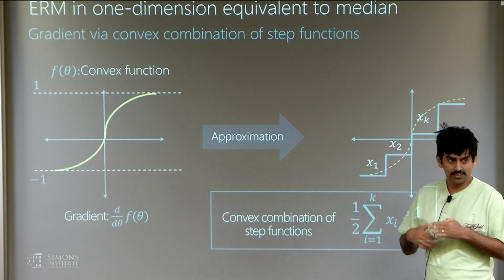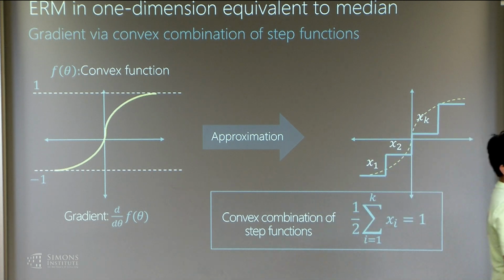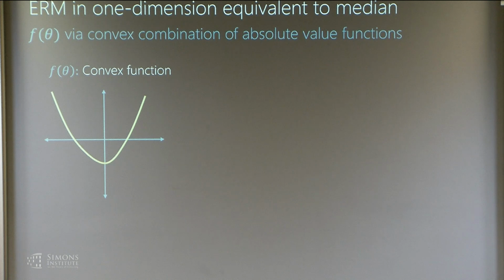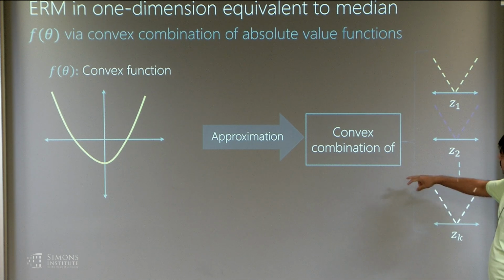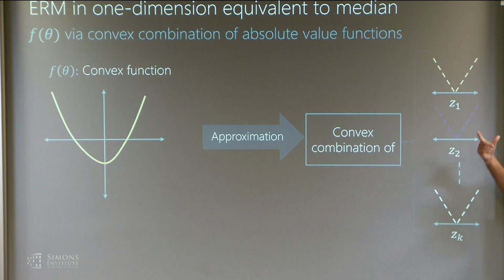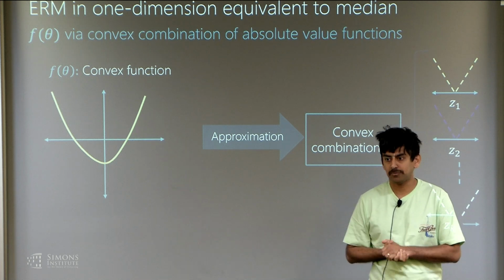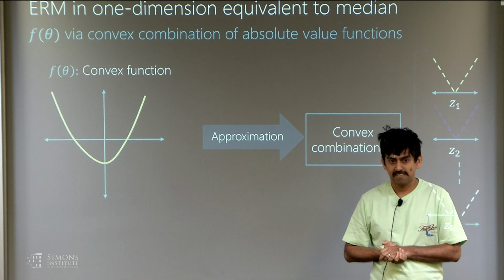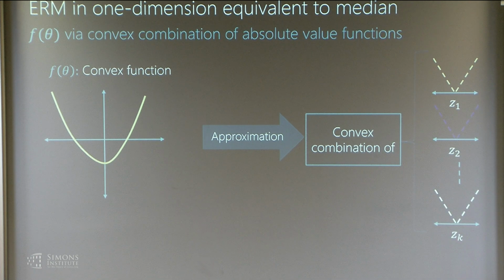Now you should start getting a sense of how this translates to a median. I will take my convex loss function on the data sample and approximate it with a convex combination of a bunch of absolute value functions, because the derivative of an absolute value function is a step function. So what I'm doing is just a functional approximation. The important point is that it is a convex combination.